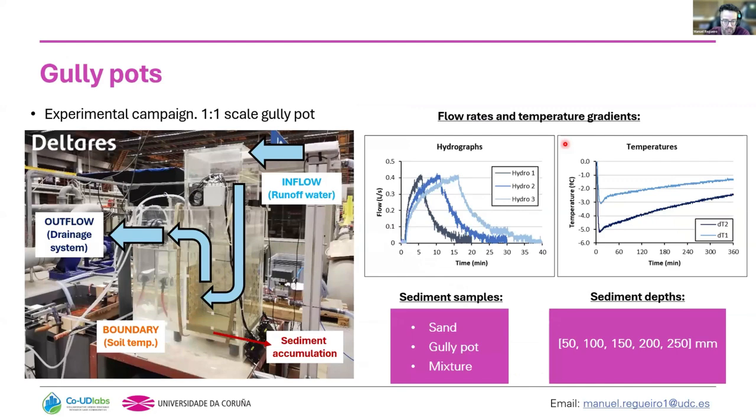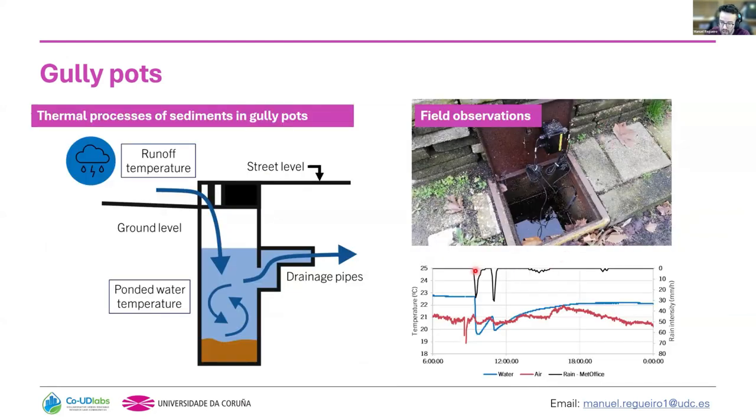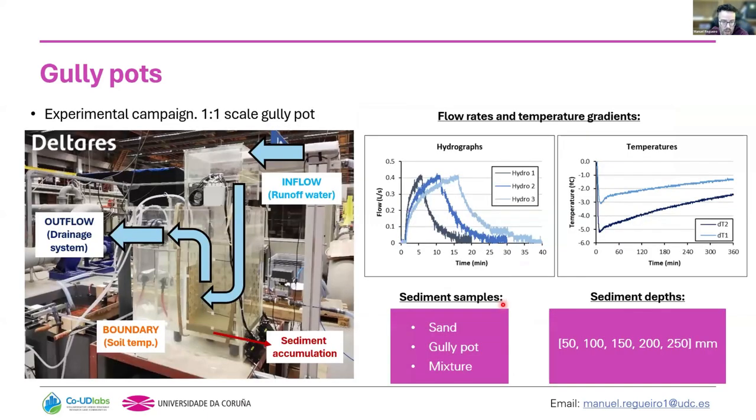Here you can see in the graph how the rain, or the runoff getting into the gully pot, influences the temperature of the water inside the gully pot. This is what we used for designing the experimental campaign, and also to then get the information on the sediment accumulation.